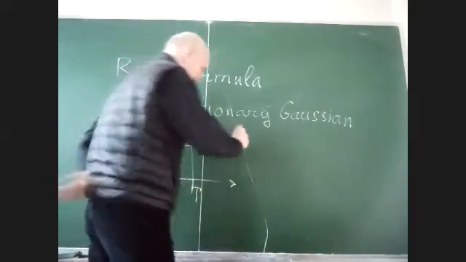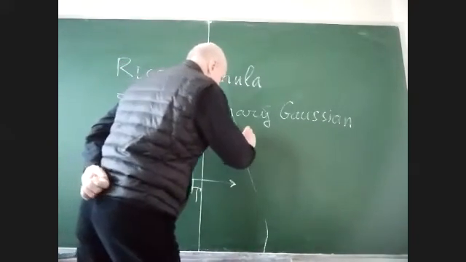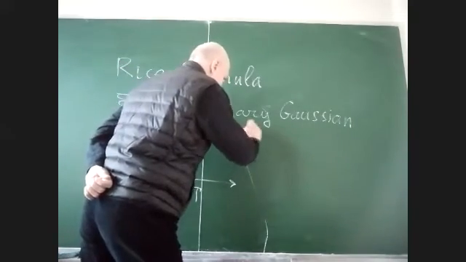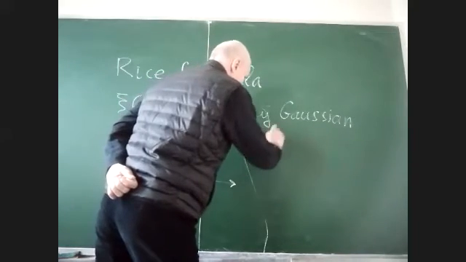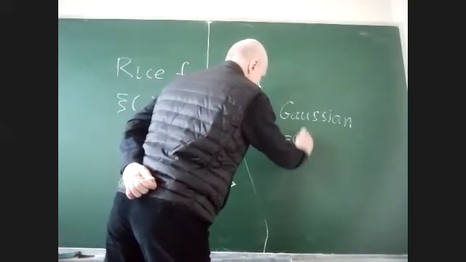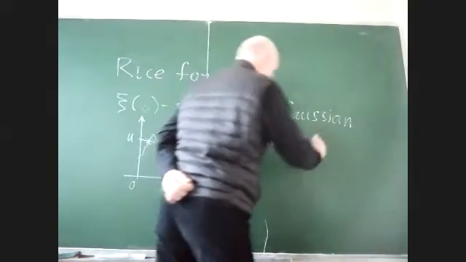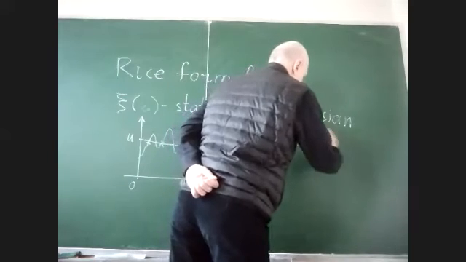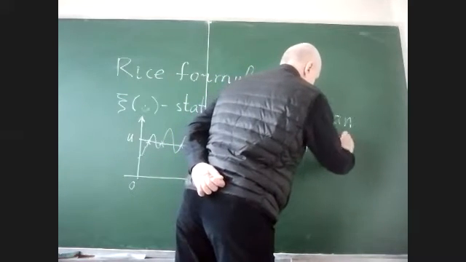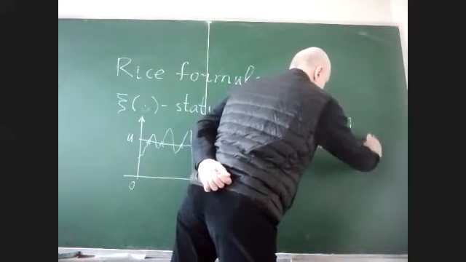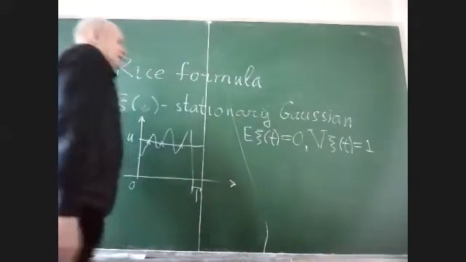looks like the following. Suppose that the expectation of psi(t) is equal to 0, and the variance of psi(t) is equal to 1.